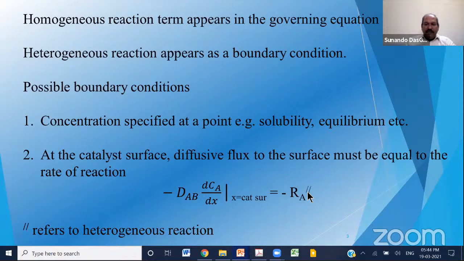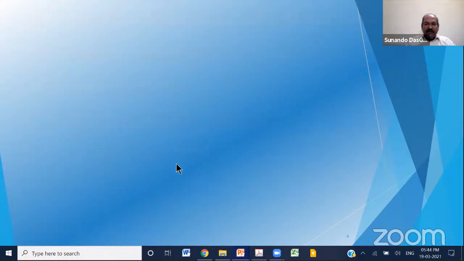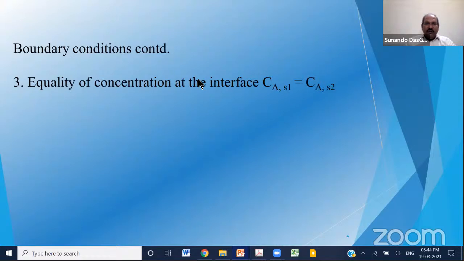The double prime refers to the heterogeneous reaction. So the equality of diffusion to the catalyst surface and the rate of reaction provides you with another boundary condition. The third one could be that the concentration at the interface on both sides of the interface is the same. It is similar in concept to the temperature being equal on two sides of the interface.